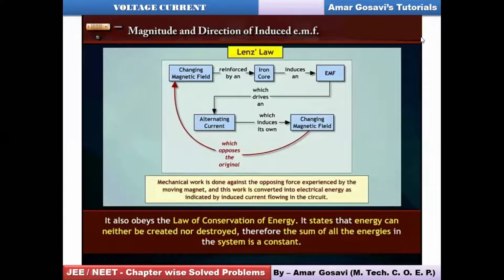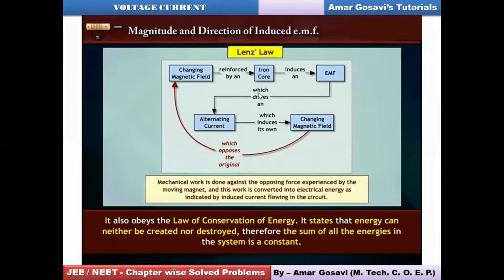Here you can see Lenz's law and the magnitude and direction of induced EMF work according to the law of conservation of energy, which states energy can neither be created nor destroyed. The sum of energy remains constant in the system. Here we have a flow chart for Lenz's law. A changing magnetic field, reinforced by an iron core, induces EMF.